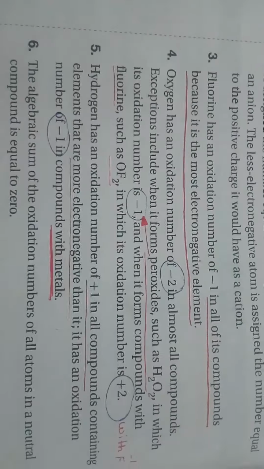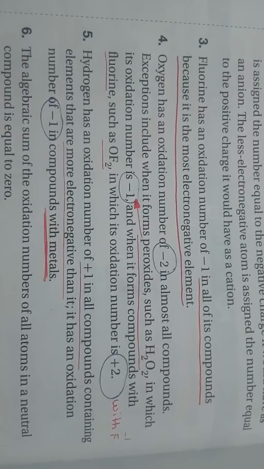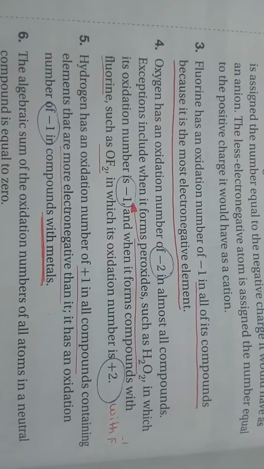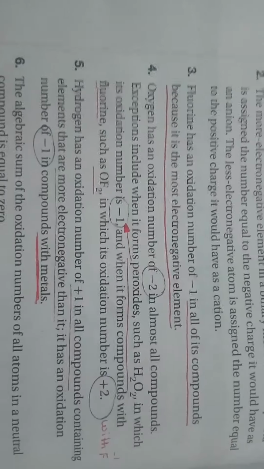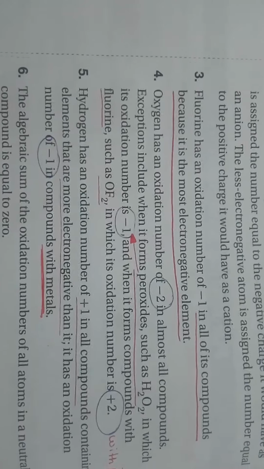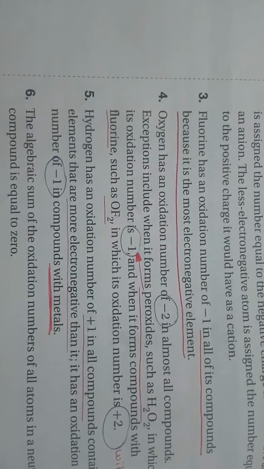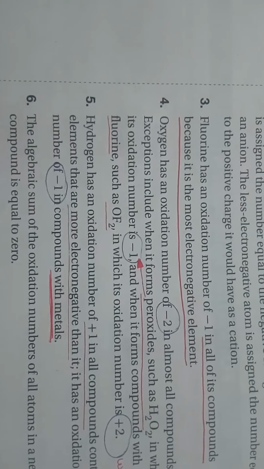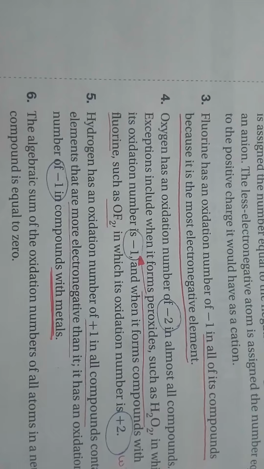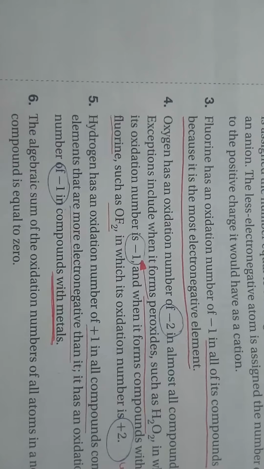The fourth rule says that oxygen has an oxidation number of -2 in almost all of its compounds. Exceptions include when it forms peroxides, such as H2O2, in which its oxidation number is -1. This is how we're going to memorize this: the oxidation number of oxygen is always -2 unless it's a peroxide.